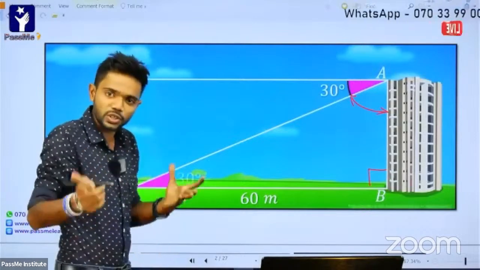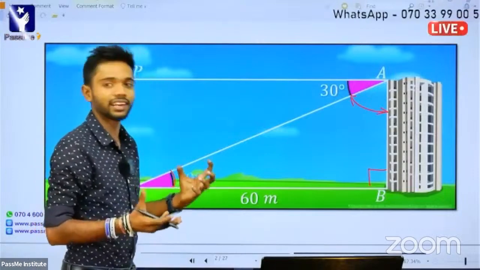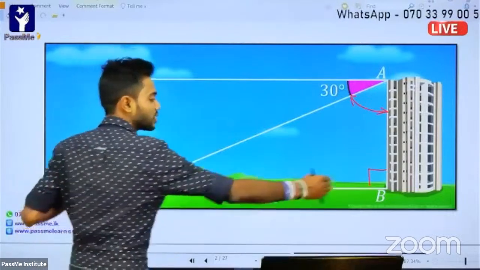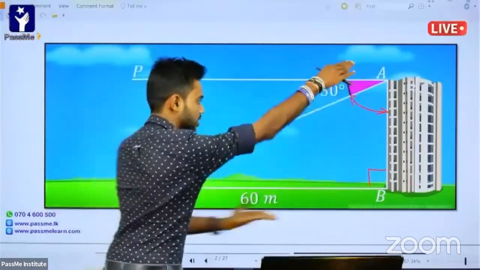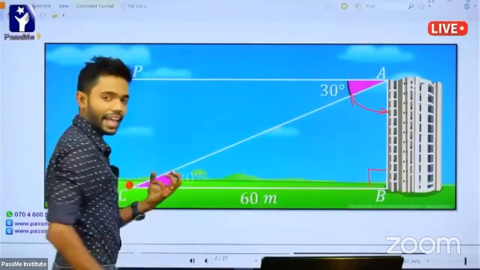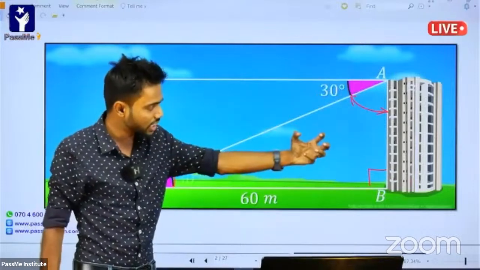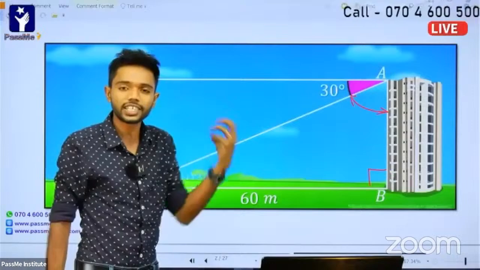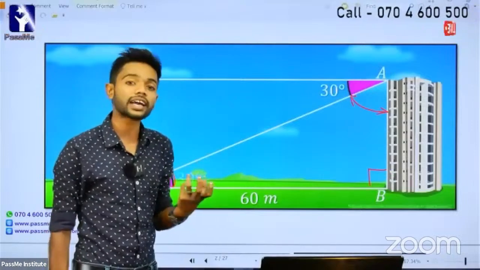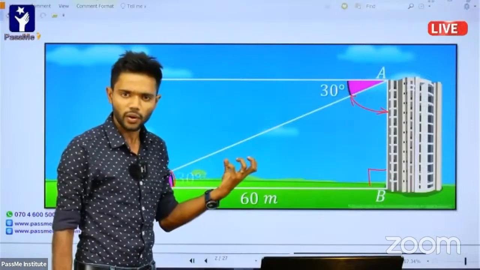So by using this knowledge, we can calculate the triangle height and distance and the angles. Actually, these practical type questions will be converted to a right angle triangle like this.